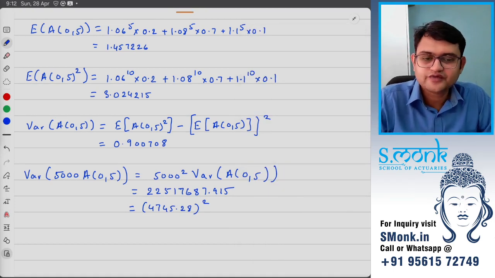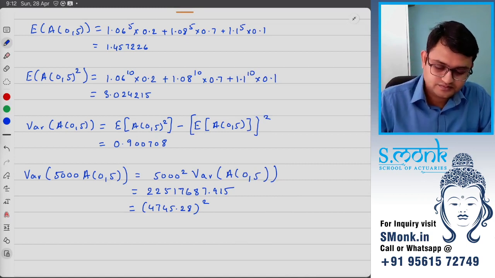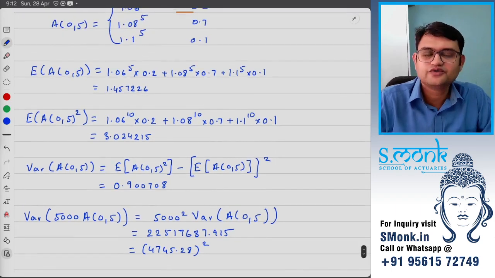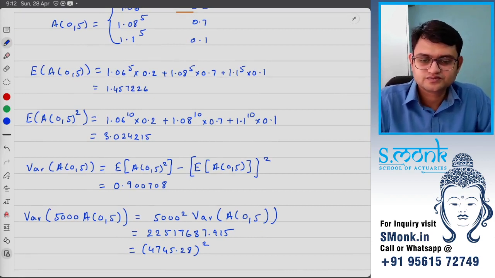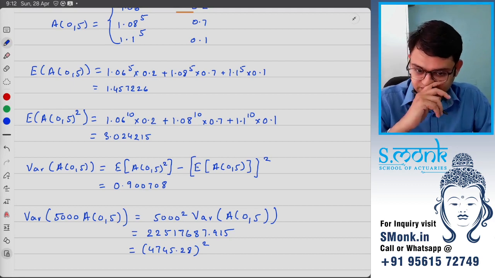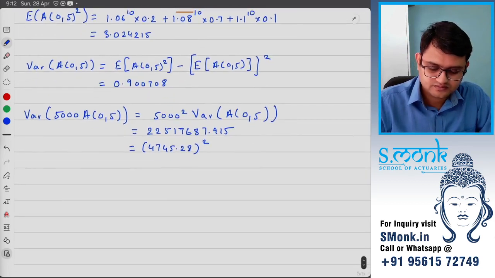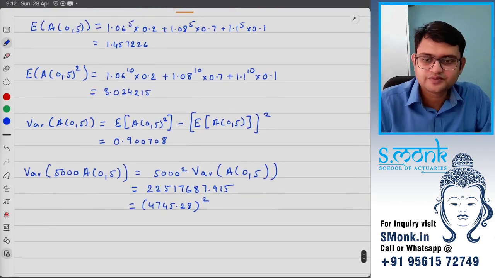This is just a standard way of doing it. Okay, this is how we'll find the variance of the accumulated value. Any problem here?